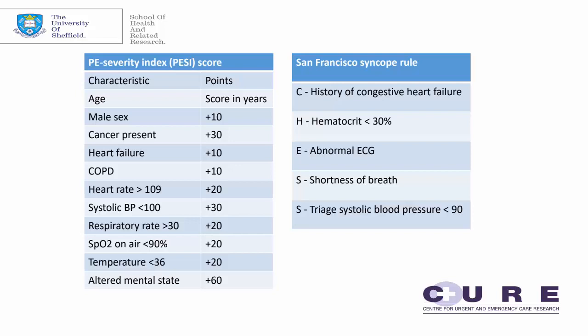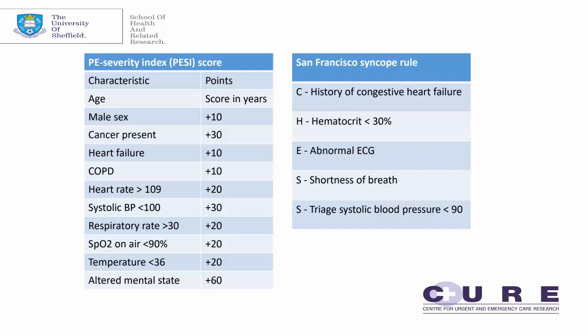A couple of examples here of the kind of things we use in emergency medicine. The one on the left is the PE severity index. This is for people who have got a blood clot on their lung, a pulmonary embolus. It's used to predict their probability of an adverse outcome, their probability of dying or deteriorating and getting worse from their pulmonary embolus.